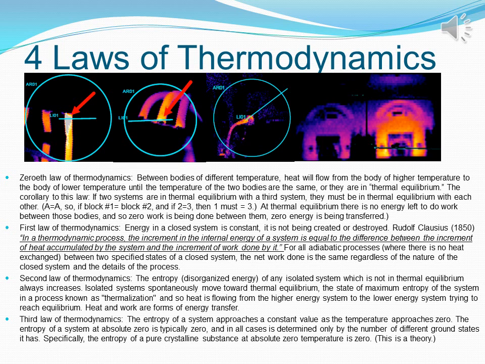As it approaches zero, and that's 0 Kelvin, absolutely no energy at all, the entropy of a system at absolute zero is typically necessarily zero. In all cases, it is determined only by the number of different ground states it has. It's a little bit hard to measure without that idea.